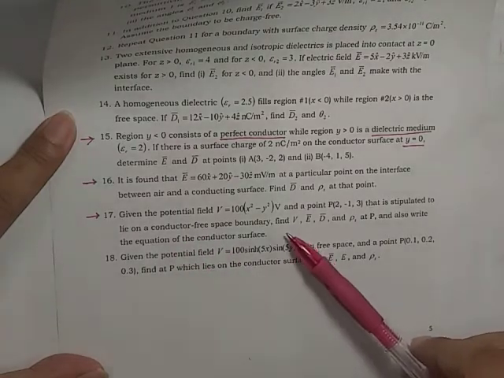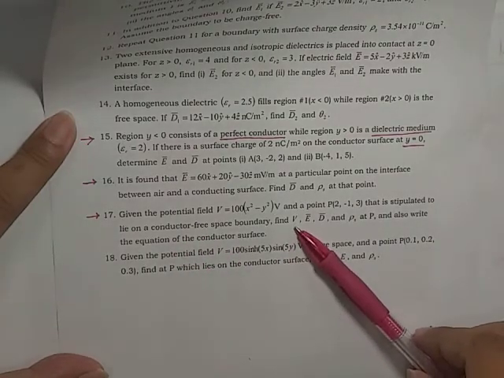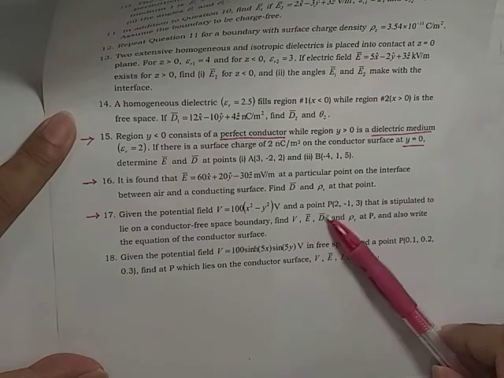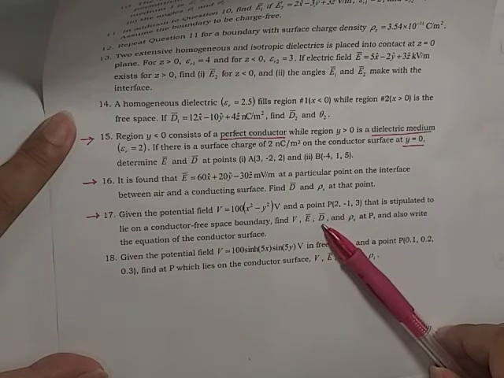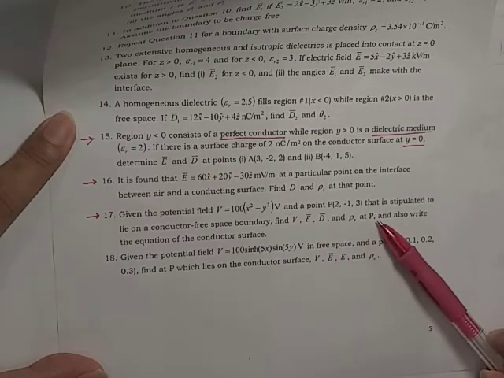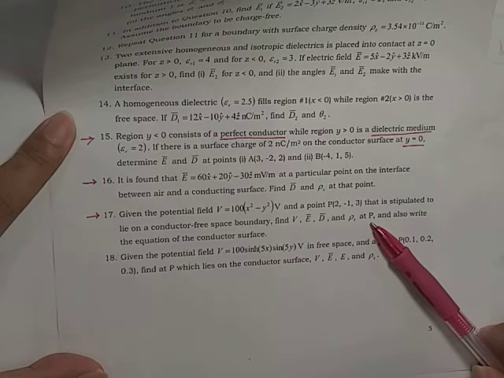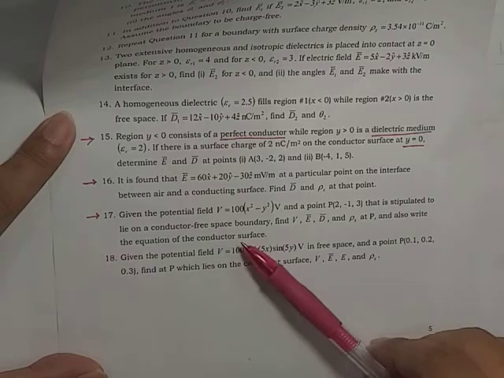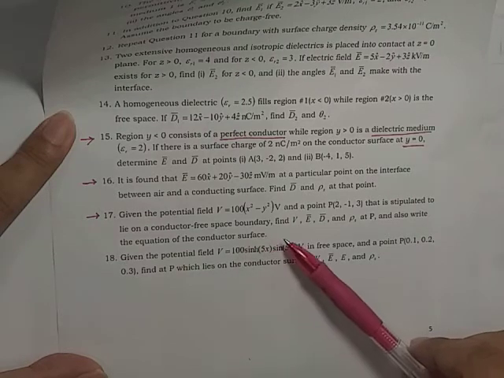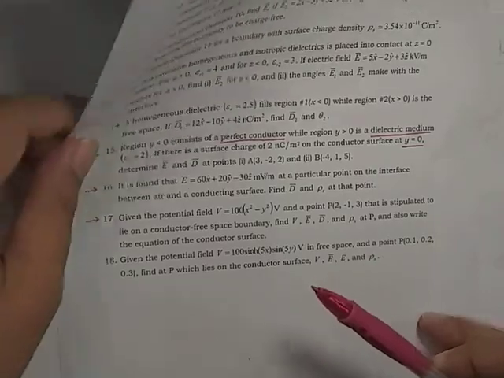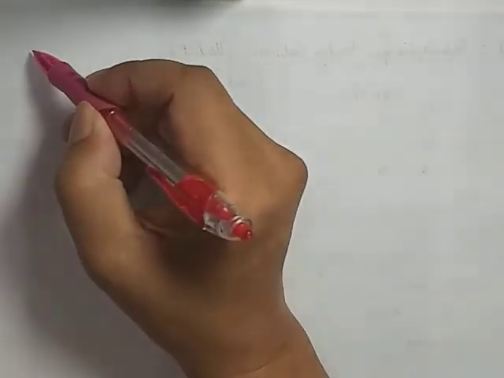Then the question asks us to find V, the potential, E, electric field intensity, D, electric flux density, rho S, surface charge density, and P, polarization vector, and also write the equation of the conductor surface. That is what the question asks us to do. A lot of parameters need to be solved here.